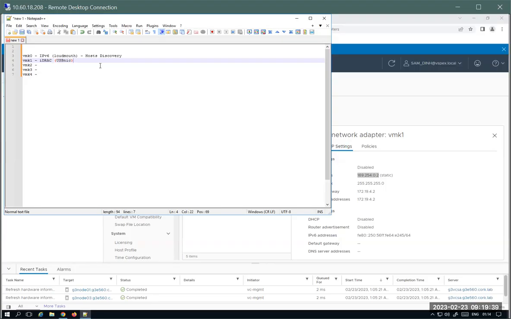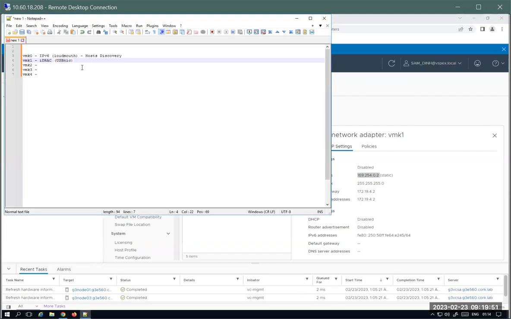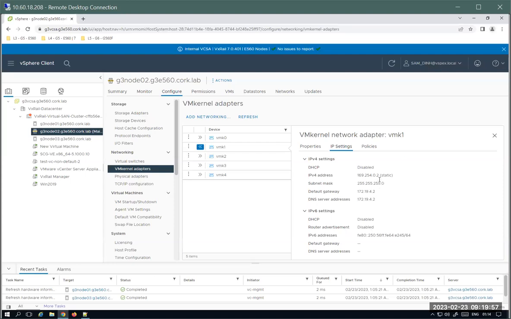We need this to make the platform service work, because the platform service will connect to iDRAC on this IP here, .1, not .2. VMK1 is .2, but iDRAC is .1.